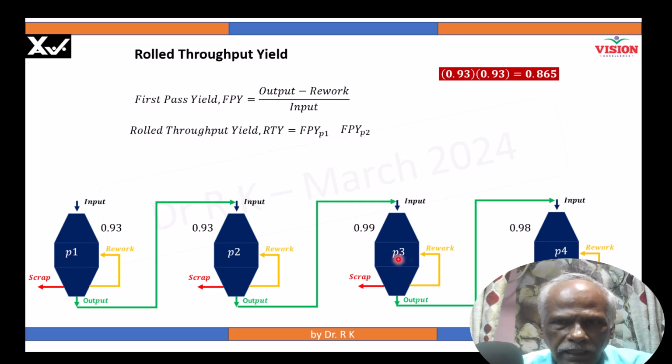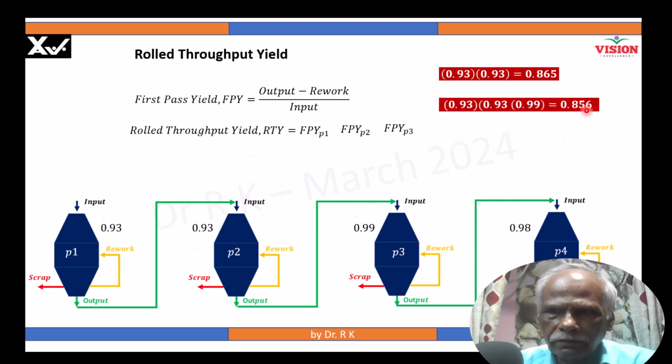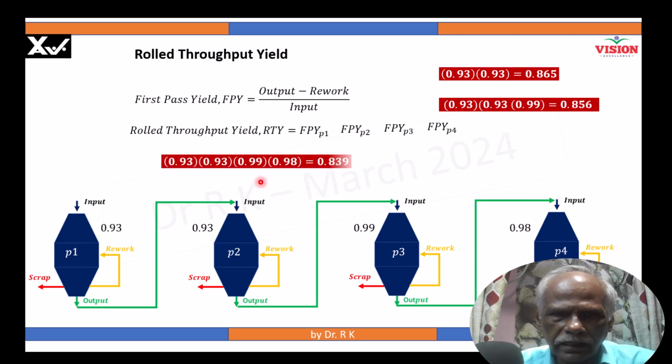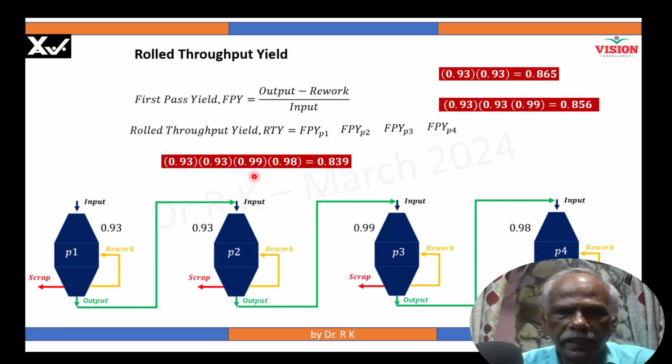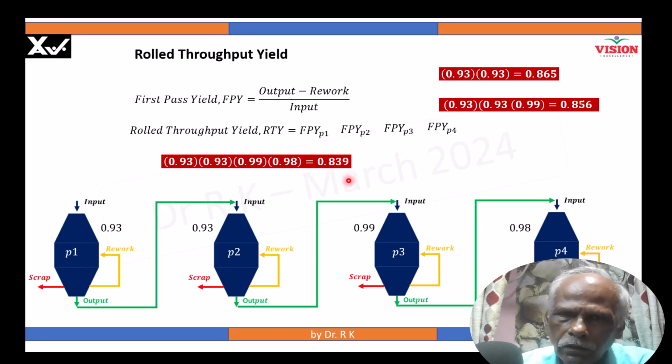Considering 3 processes, it will be FPY P1 into FPY P2 into FPY P3, that is 0.856. And if you consider the 4th process, then it is 0.93 into 0.93 into 0.99 into 0.98, 0.84, 84%, right? 83.9 to be precise.